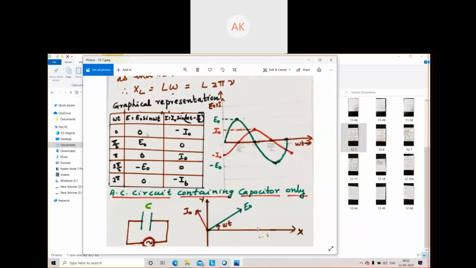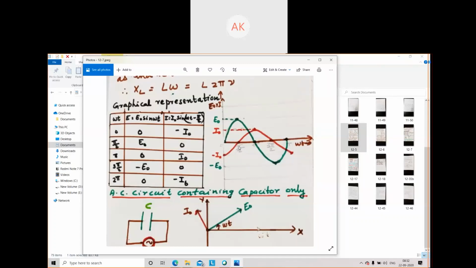Let us plot the graph for E equals E0 sin omega t. The first value is 0, then the peak value E0, again 0 at pi. See, this is 0, pi by 2, pi, and this is 3 pi by 2, and this is again 2 pi.